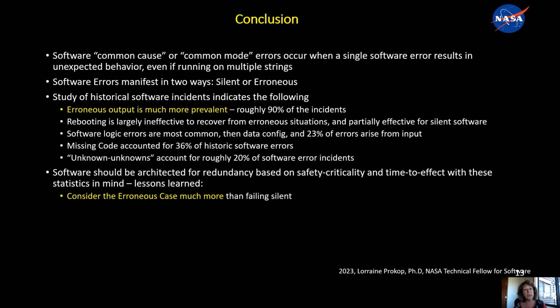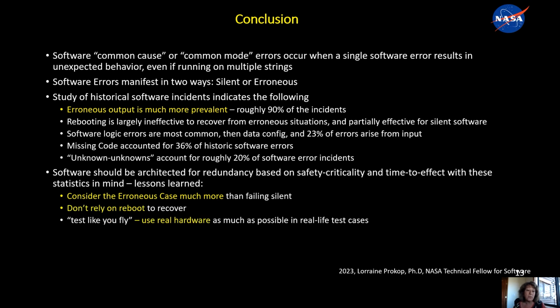So the lesson learned here is software needs to be architected based on safety criticality and time to effect, with these things in mind. So you need to consider erroneous much more than failing silent. Don't rely on reboot. Test like you fly. Use real hardware so that real sensor behavior and things like that are tested.